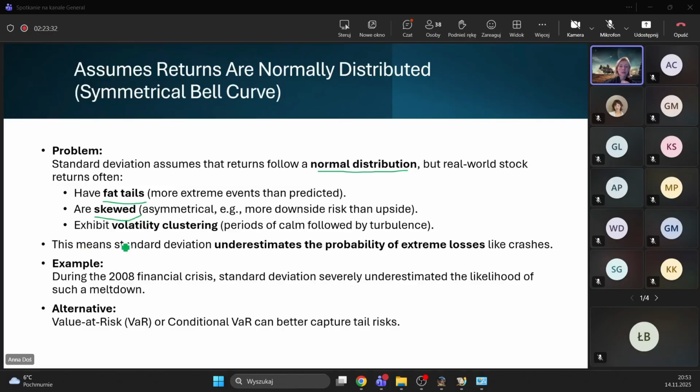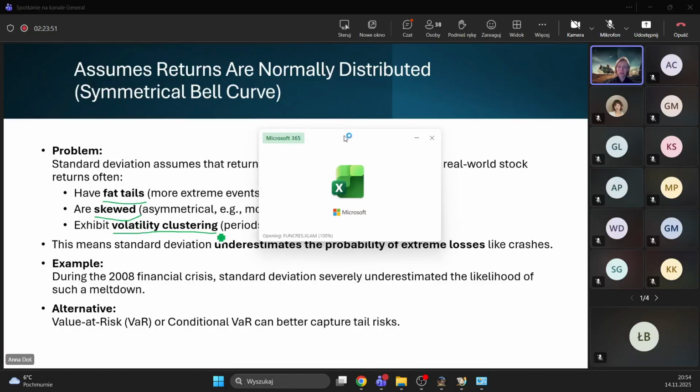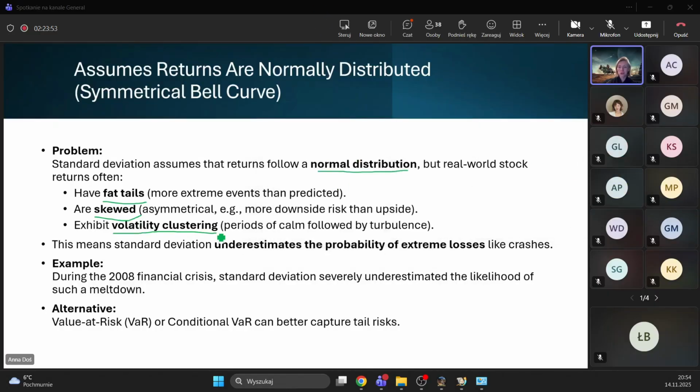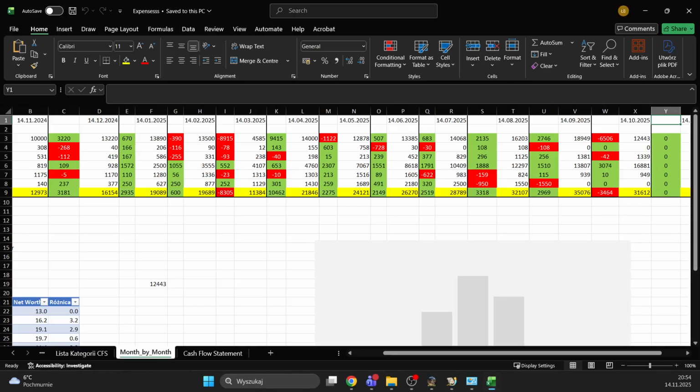And the problem is of so-called volatility clustering, the periods where the turbulence is greater, the risk is greater, while these periods are followed by the periods where this volatility is much smaller. And we cannot predict these periods based on historical data because the standard deviation always captures the past and not necessarily informs us of what will happen in the future.